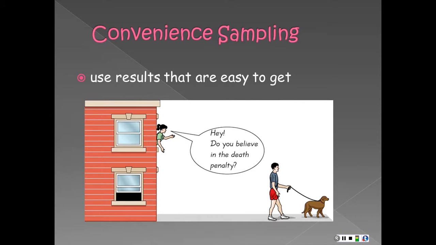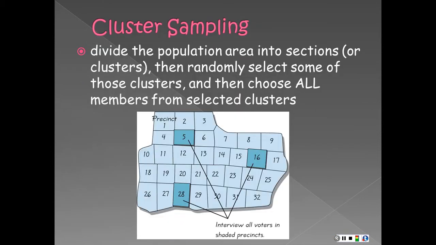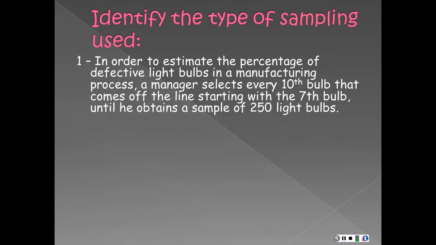Convenience, you use results that are easy to get. Stratified, you subdivide the population into at least two different subgroups that share the same characteristics, then draw a sample from each subgroup. And cluster, you divide the population into sections, then randomly select some of the clusters and then choose all of those. So usually stratified and cluster are the two that are confusing.